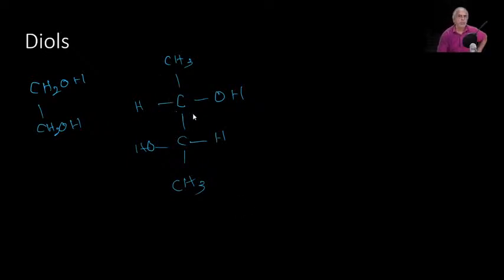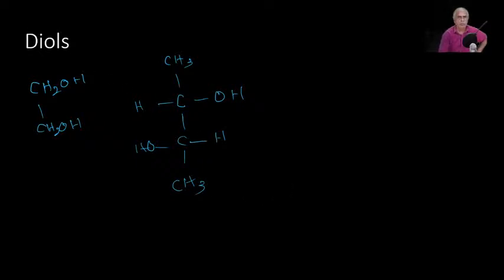So butane 2, 3 diol. Do you understand? What about this one? This is 1, 2 ethane diol. This one, 1, 2, 3, 4, that is butane 2, 3 diol, or 2, 3 butane diol. Are you able to follow?